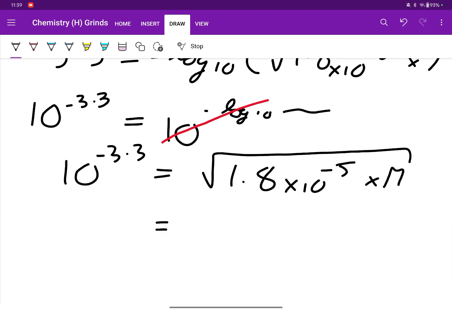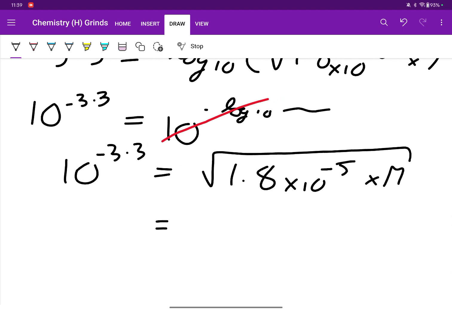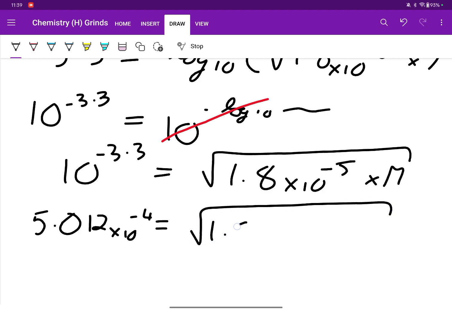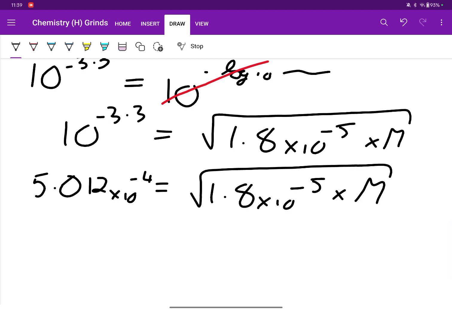So 10 to the power of minus 3.3 is 5.012 by 10 to the minus 4, which is equal to the square root of 1.8 by 10 to the minus 5 times m. Now we want to get rid of the square root, so we'll square both sides.